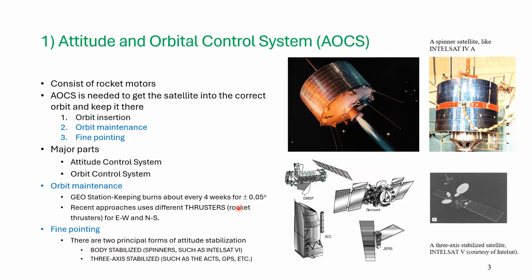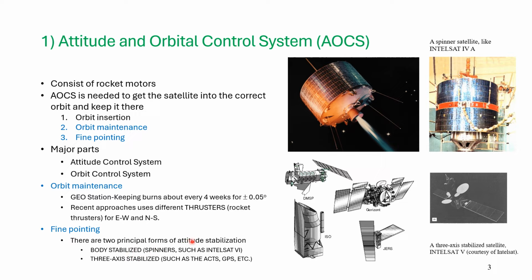So we need to maintain the orbit by burning fuel, by turning on the motors in the right direction. Recent approaches use different thrusters, and we could have one on the east-west and north-south, so we have control in different directions. Then we have the fine pointing.